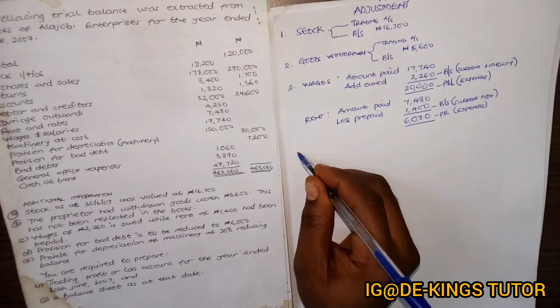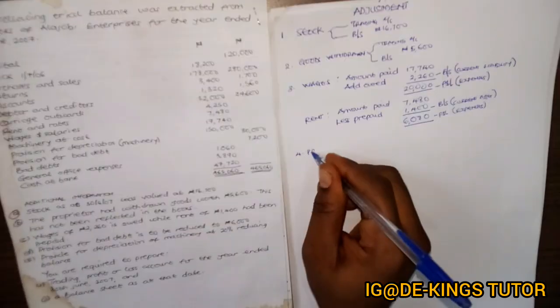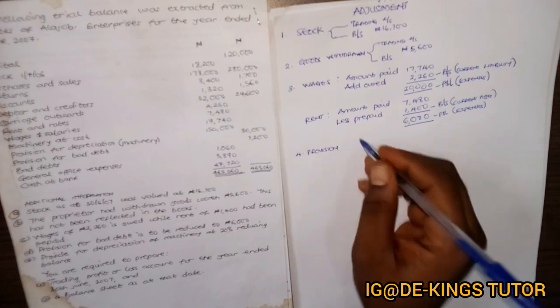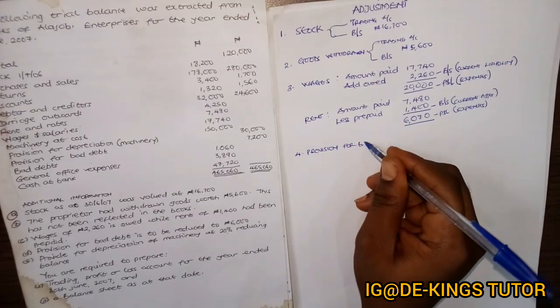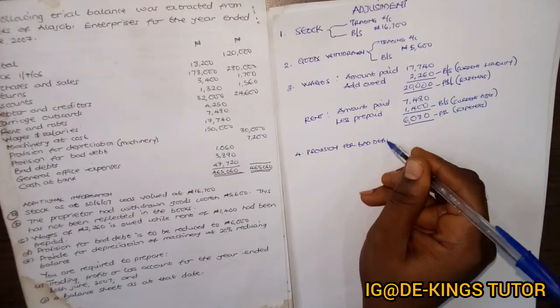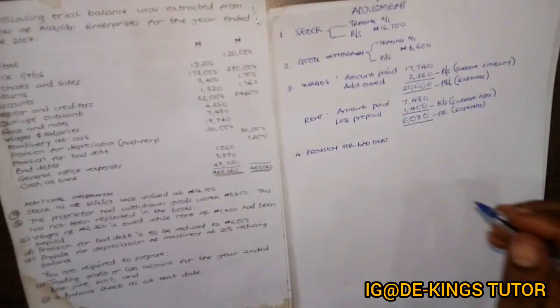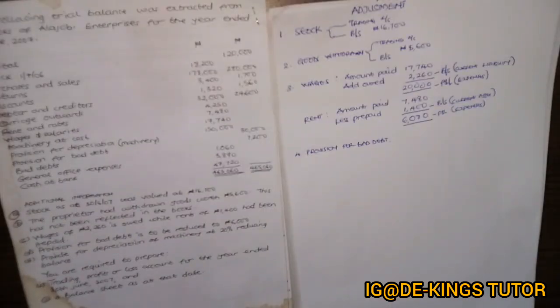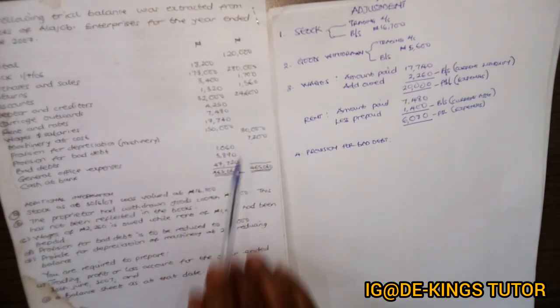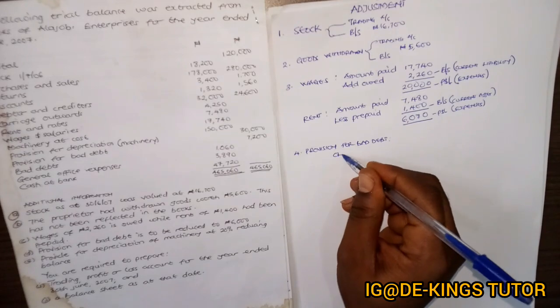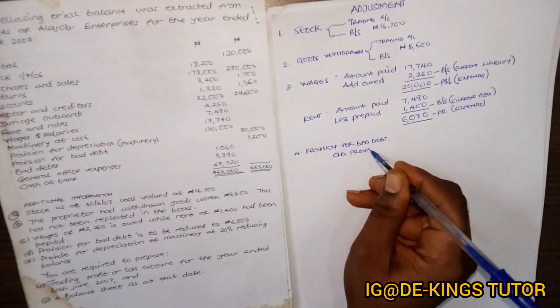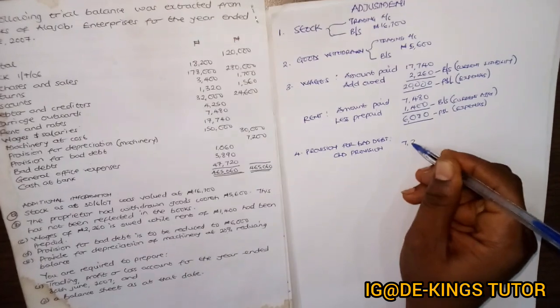So in terms of provision for bad debt, what we post is the difference. Now this is a new provision. They say they are reducing to 6,000. That's the new provision, but we already have the old provision. The old provision is 7,200.